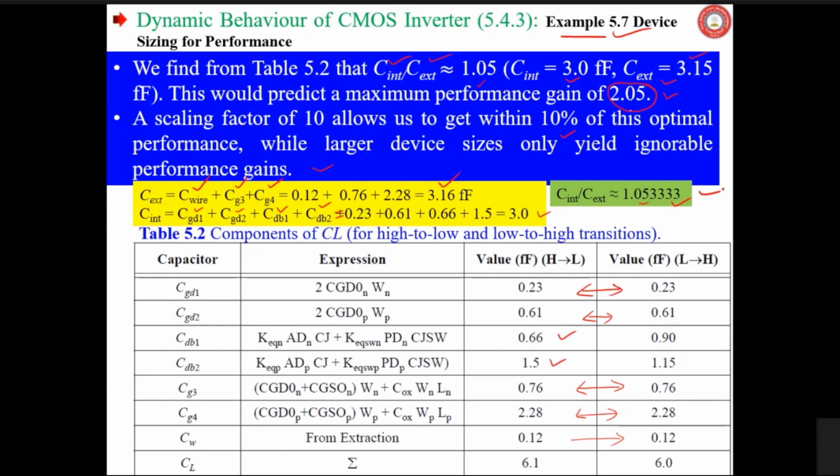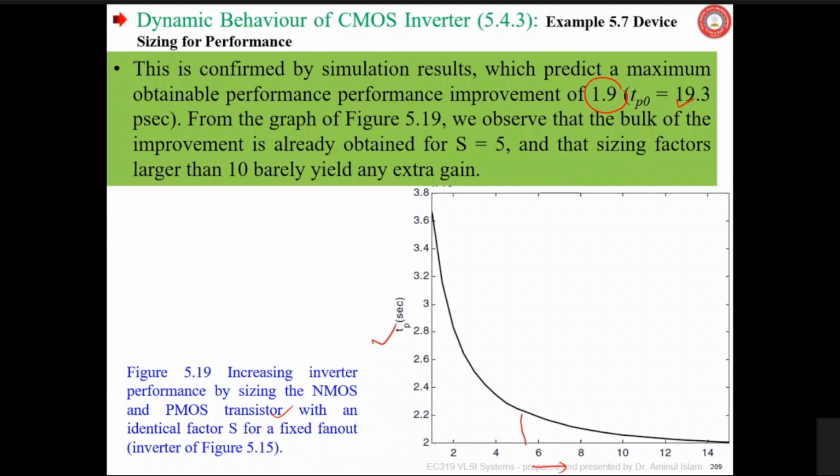You see this. Now, this is confirmed by simulation results, which predict a maximum obtainable performance improvement of 1.9, that is TP0 equals 119.3 picoseconds.